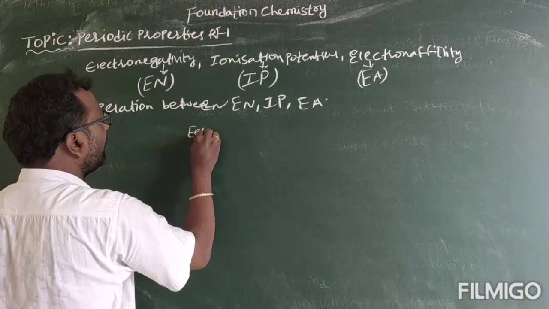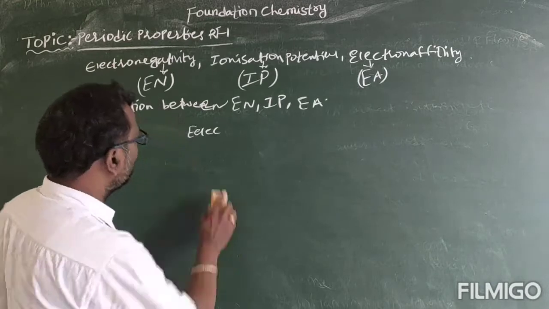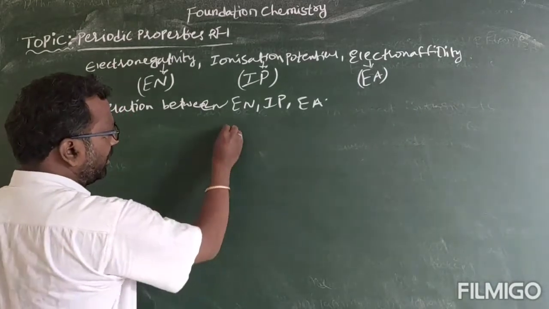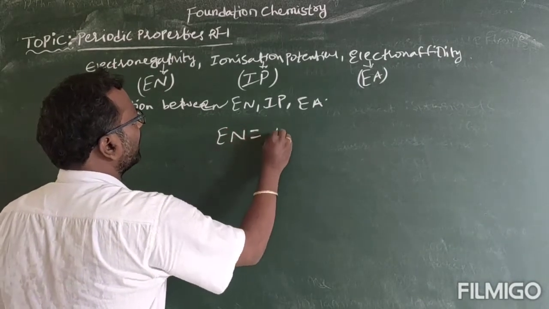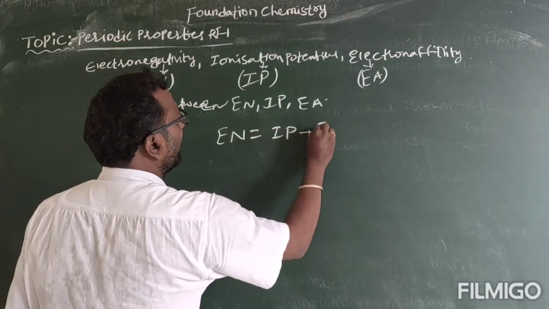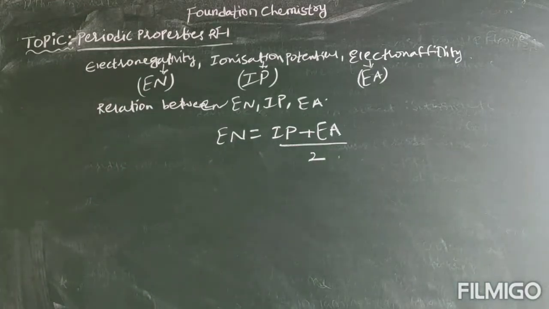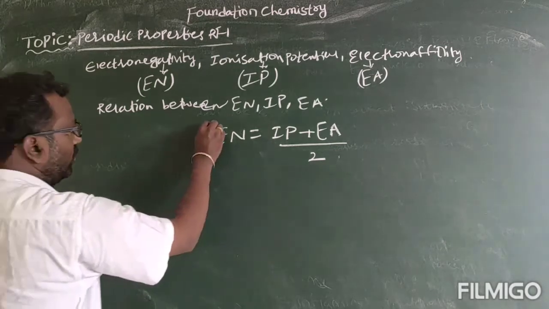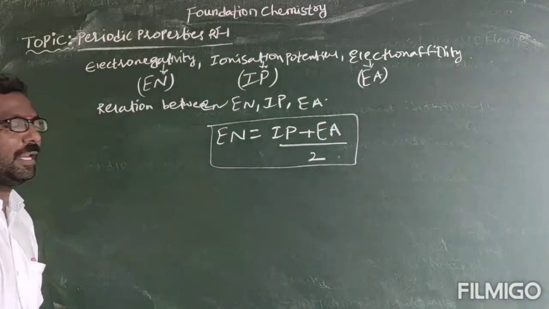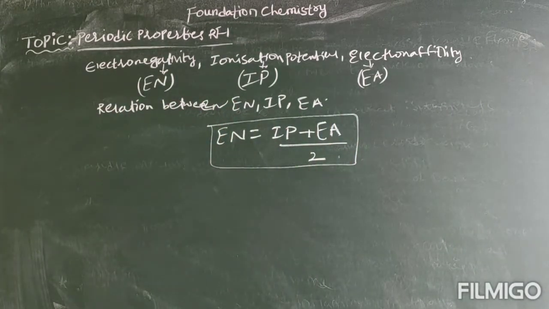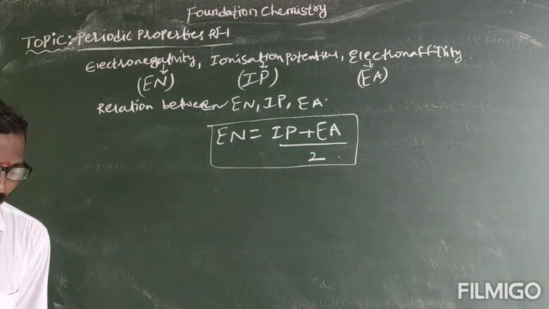Electronegativity is nothing but the average of ionization potential and electron affinity. That is the relation: electronegativity is equal to ionization potential plus electron affinity, divided by 2.